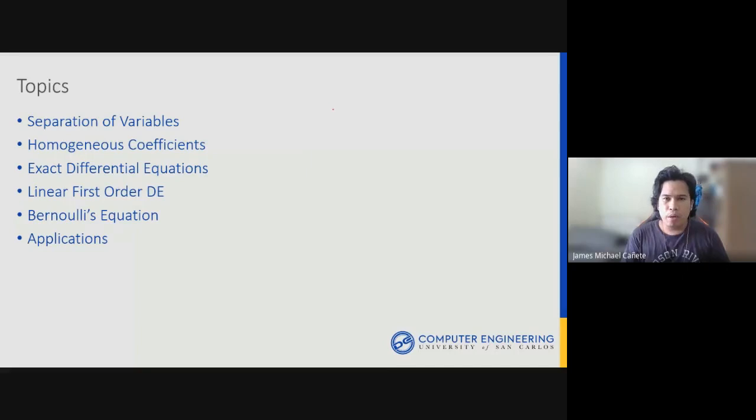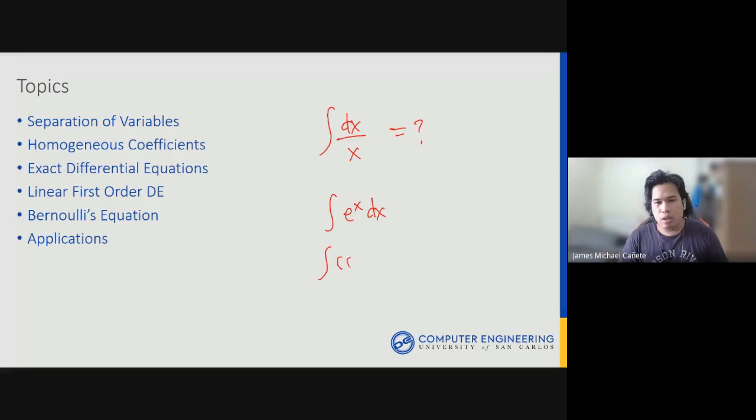What's the integral of dx over x? What's the integral of e to the x dx? And of course, the integral of cosine x dx, the integral of cosine 2x dx.